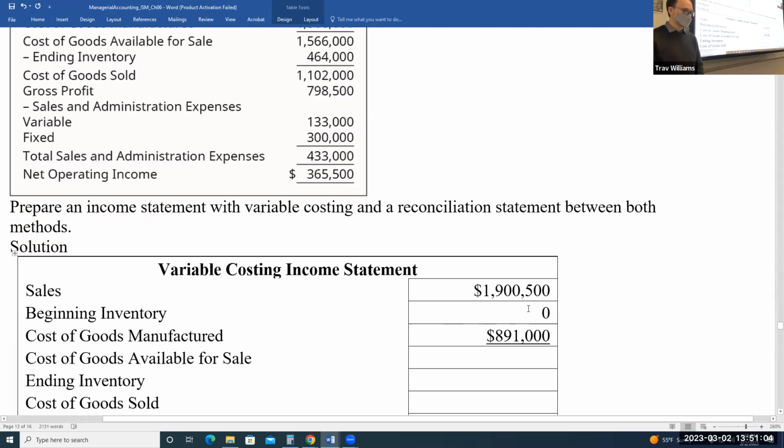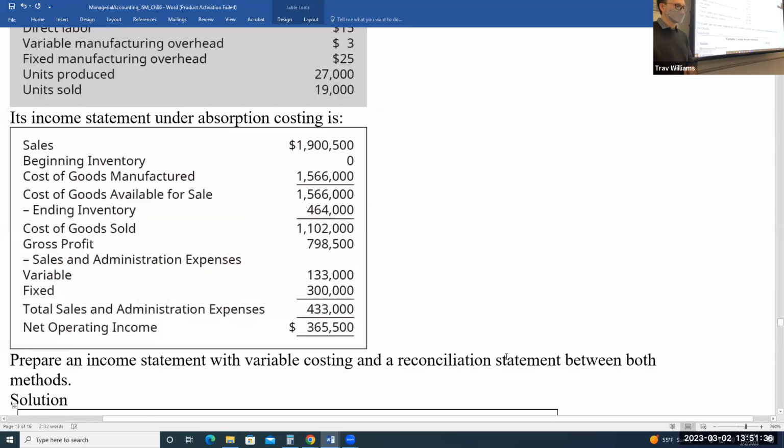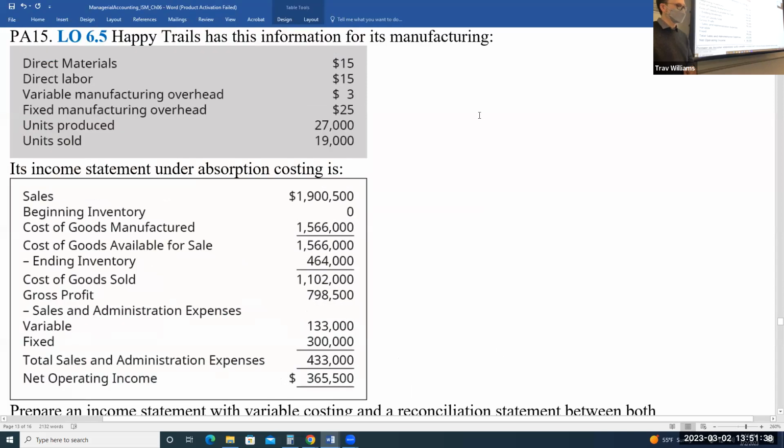Since we had 0 beginning inventory, and we had $891,000 of manufacturing costs, the total cost of the goods that are available for sale is $891,000. We're simply adding those two together. And now we can separate it between ending inventory and the cost of goods sold. How did we do that again? Remember, we need to consider how many units were produced and how many units were sold.